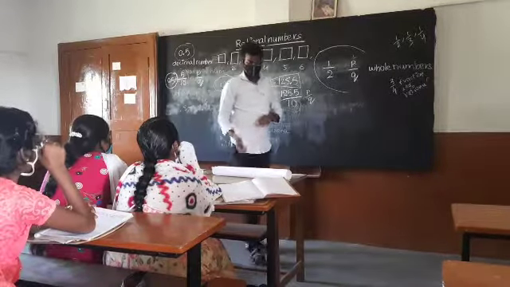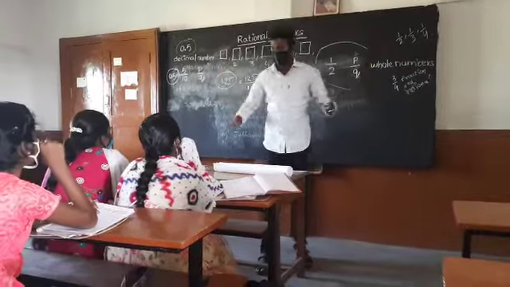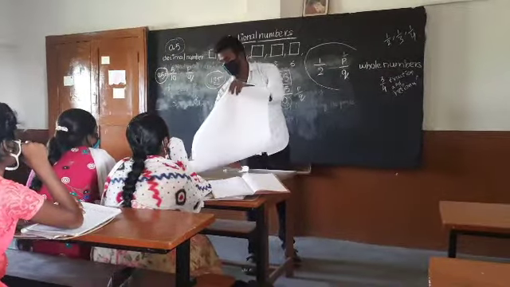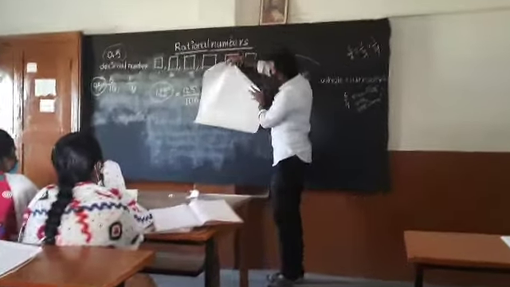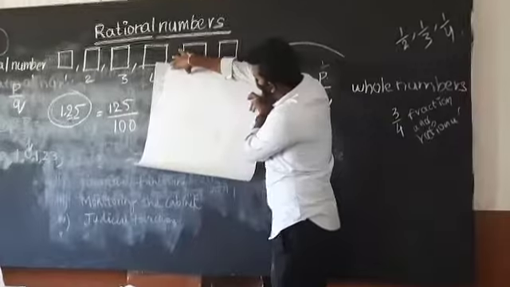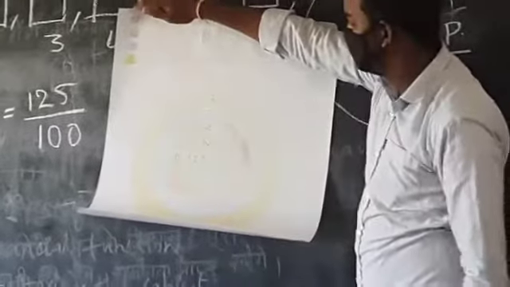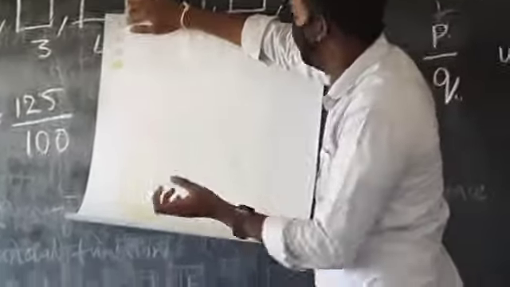Understood? So how big is this set? Let us verify through this chart. Are all of you able to see this number system? Yes, sir. I arranged this into concentric circles. Let us see how big these are.